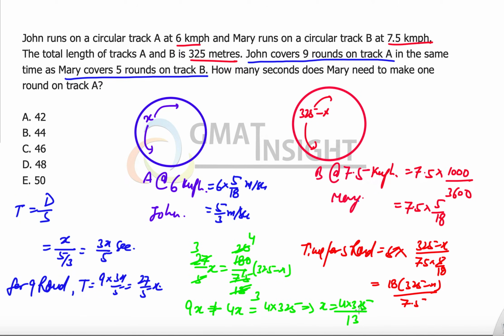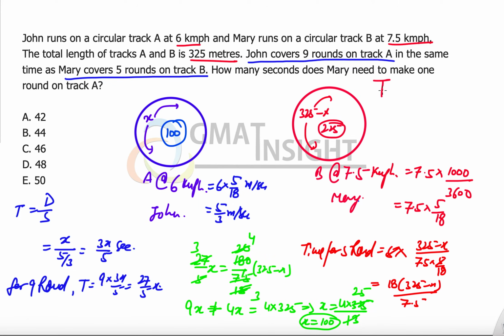Now 13 cancels 325 25 times. That means x becomes 100. So in the first track A, the distance is 100. For the second track, the distance is 225. Now, how many seconds does Mary need to make one round of track A?